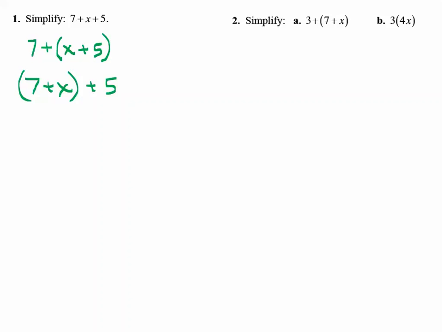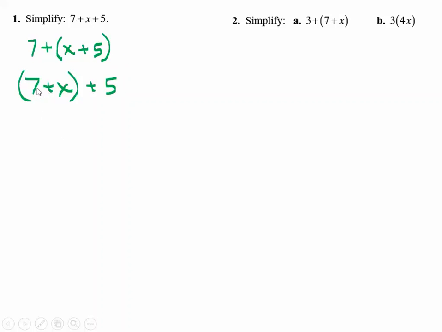I'm going to do the next portion and you tell me what property we're using. So going from here to here, notice the only change is the parentheses. So we're technically using the associative property of addition right here.